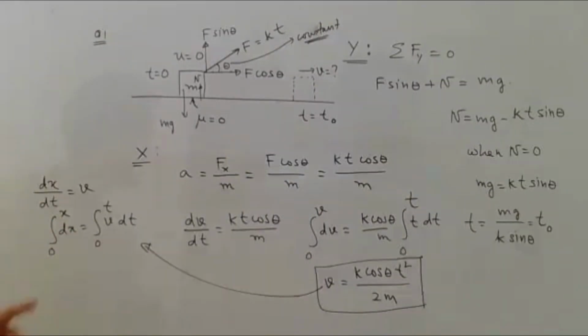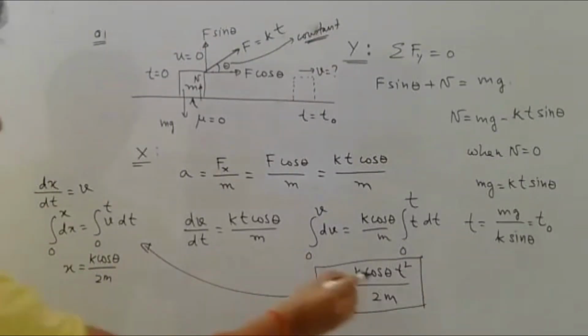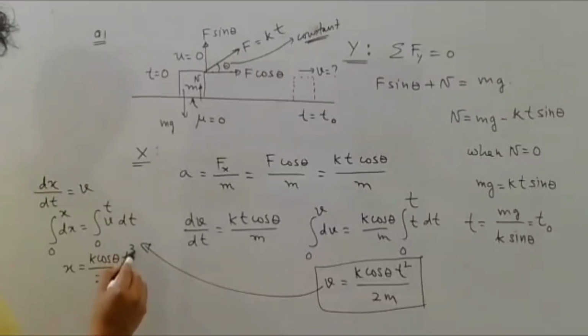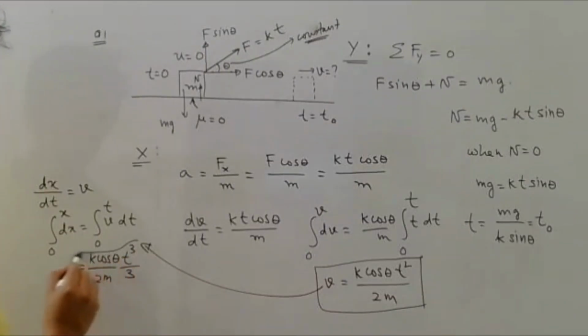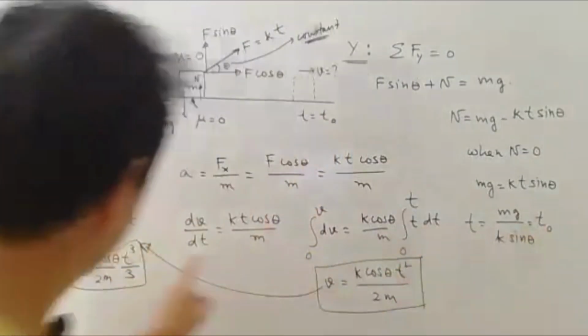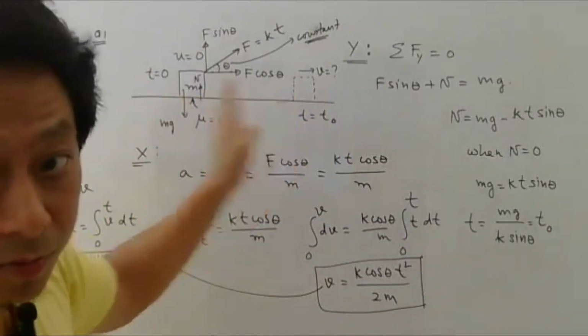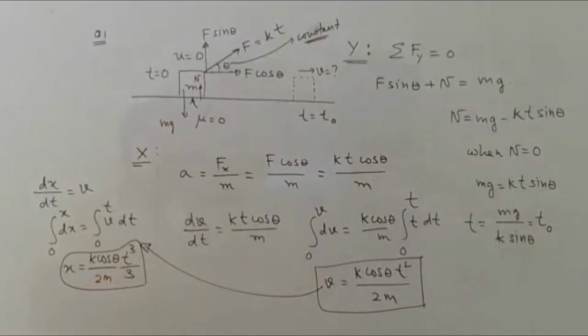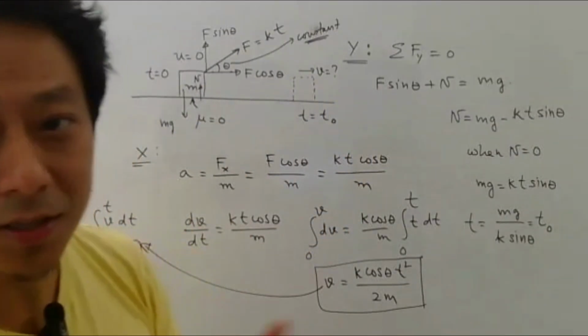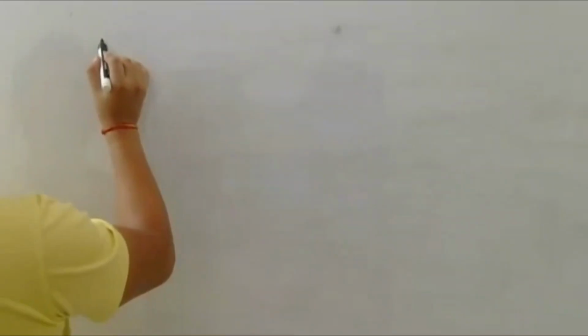So x is the displacement and v you will substitute here, k cos theta by 2m, integral t square will be what? T cube by 3. So now you can put this t naught here in place of t to find the displacement from 0 to x when the body is about to leave the surface. Okay. Next question.